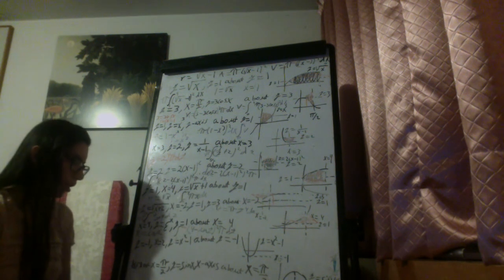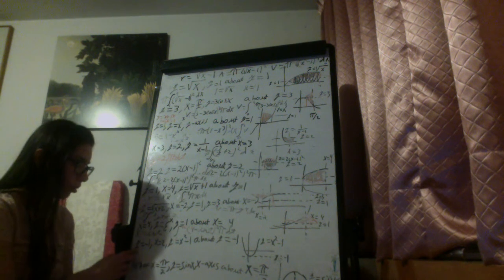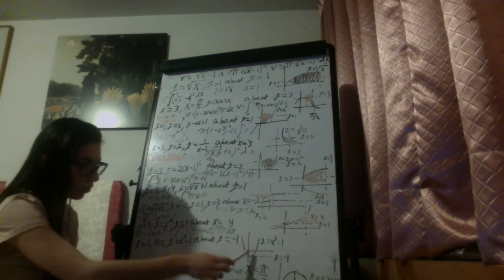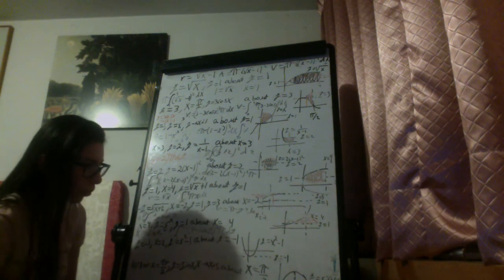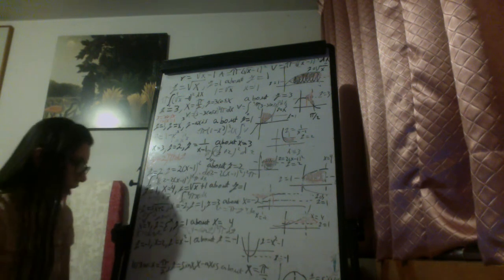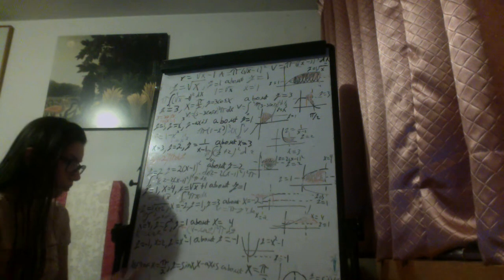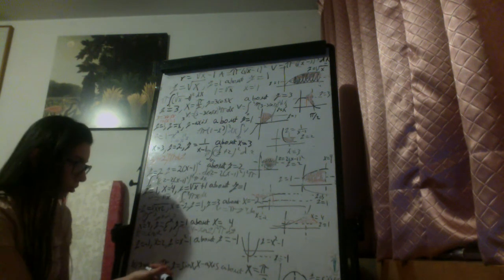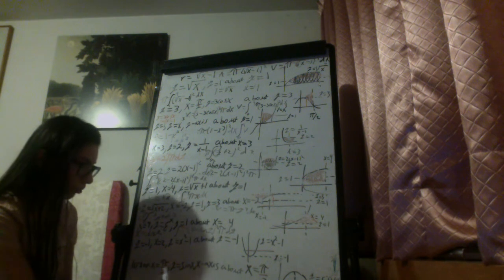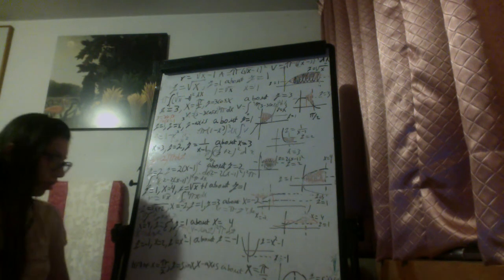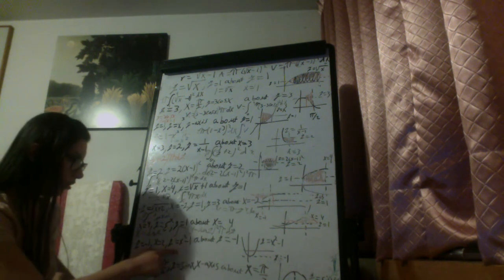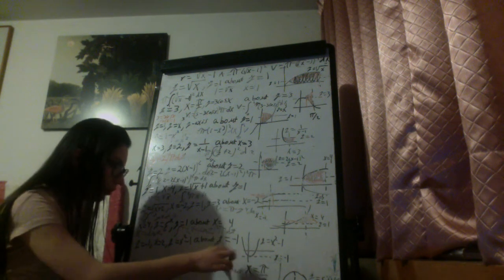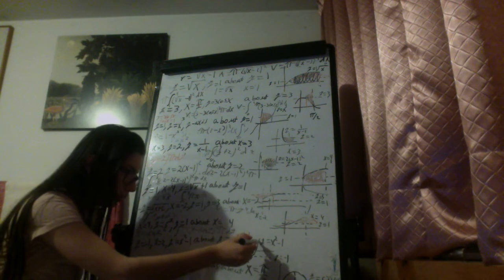Next is the region enclosed by y equals minus 1, x equals 2, and y equals x squared minus 1. Sorry, I forgot to put that. So x equals 2 will be something like here.